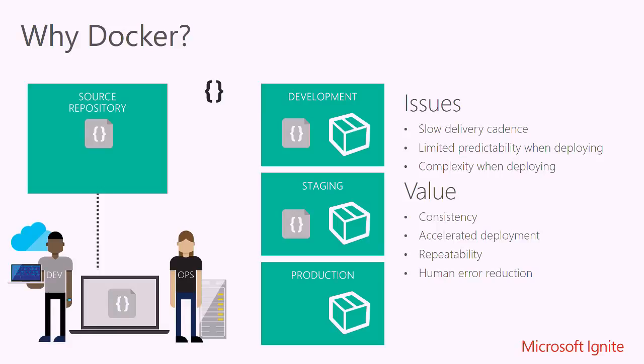For those who are newer to Docker, the real value proposition for Docker is that it provides a consistent way to package your code, whether you're a .NET developer or a Java developer or a Python developer.